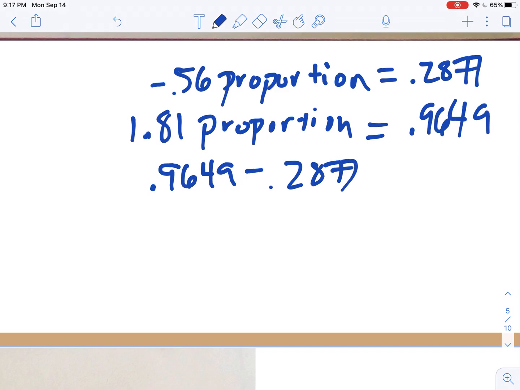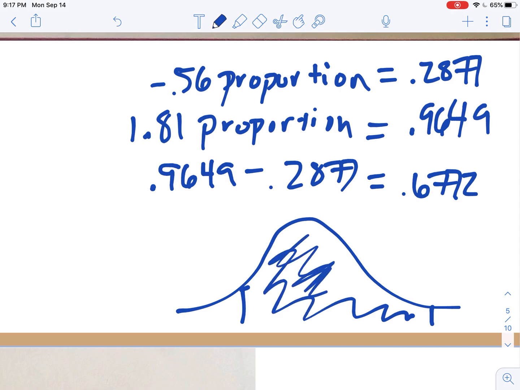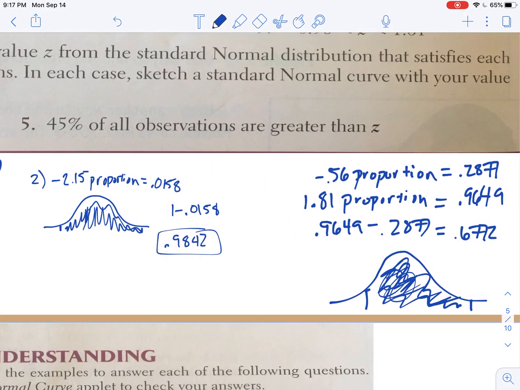And with this, I can say that I've got 0.6772, or 0.6772 of the data falls between. I'll put 0.2877 here, 0.9649 here, and then this is what exists between them. So that's representative of those between them.